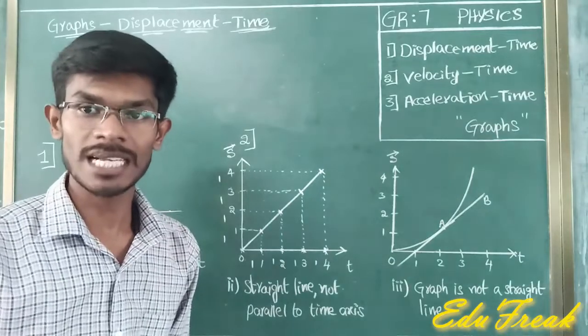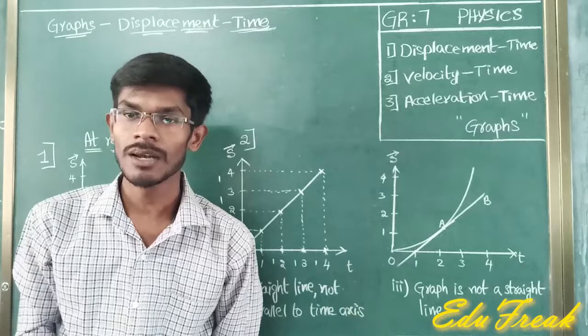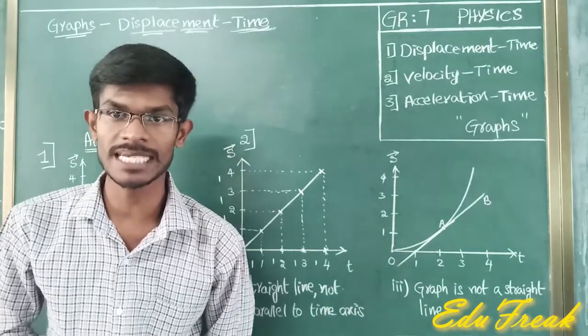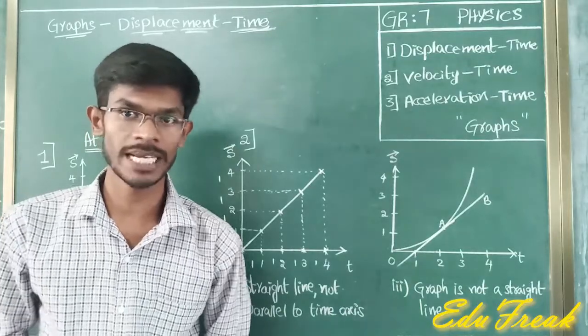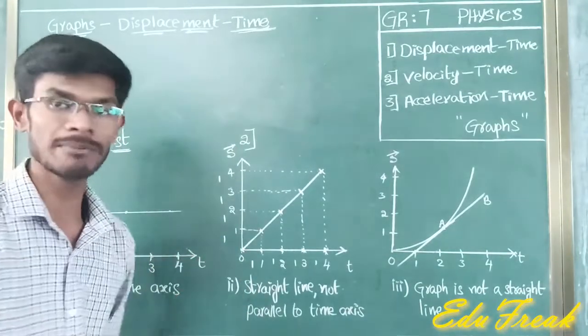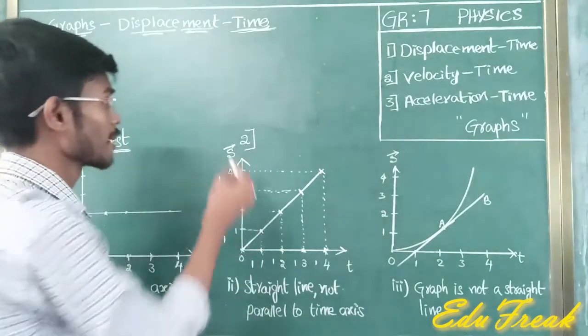If an object is covering equal displacements in equal intervals of time, then what type of motion can we say it is? Uniform motion. If an object is covering equal distances in equal intervals of time, we call it uniform motion. See, observe here.